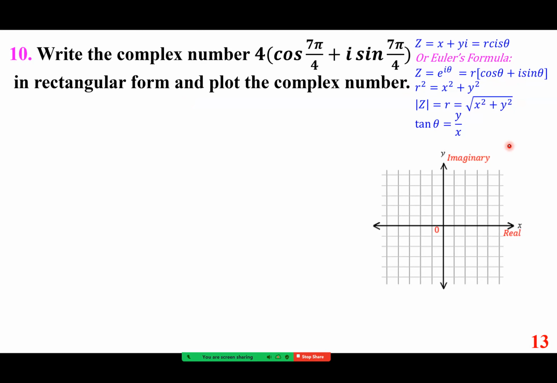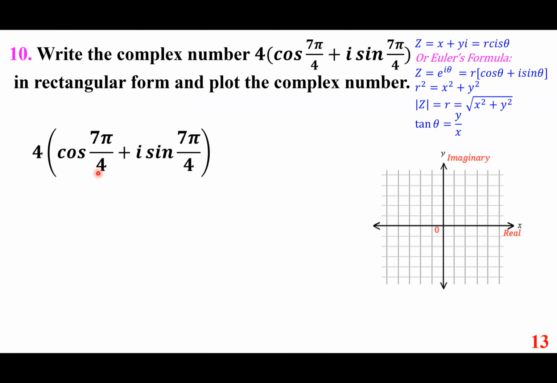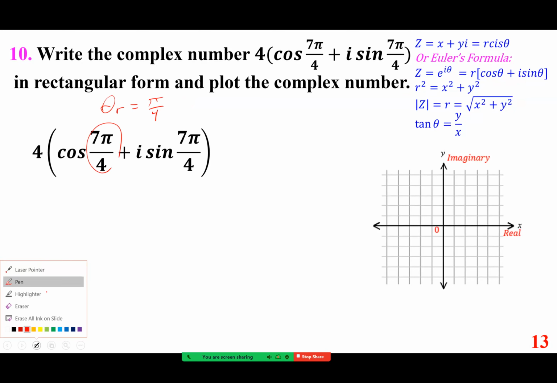So 7 pi over 4, remember the reference arc is pi over 4. Cosine and sine of pi over 4, both of them are square root of 2 over 2. 7 pi over 4 puts us in the fourth quadrant, so cosine is positive. However, sine is negative, because of the quadrant.